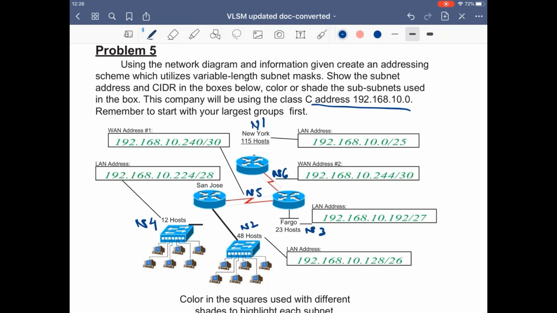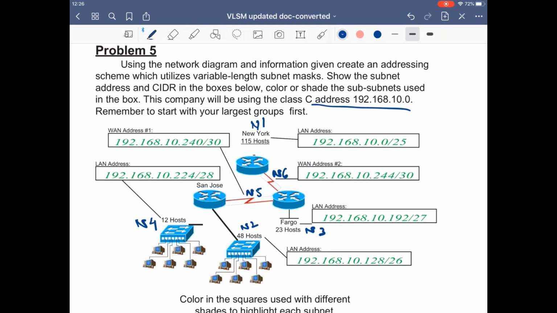So N1 starts from 10.0 and goes up till 127. The broadcast ID for network 1 is 192.168.10.127. The subnet mask is 24 plus 1, 25.